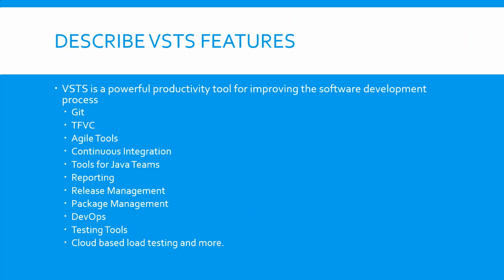For that, TFS is better from a reporting standpoint, because with TFS we can integrate with Reporting Services and show the reports through it. But in VSTS we can use inbuilt reporting tools.